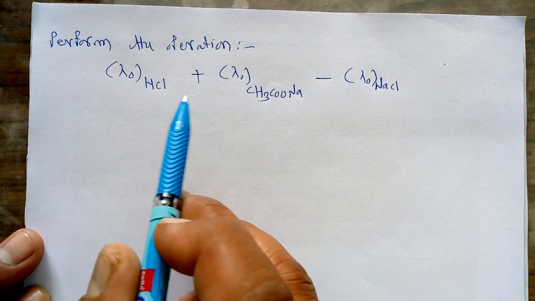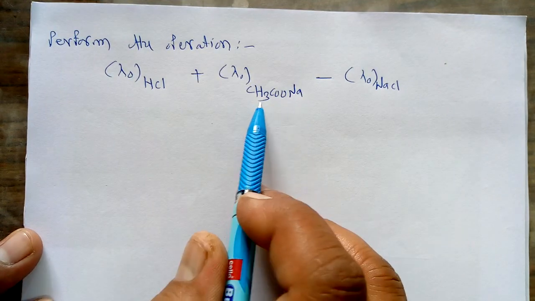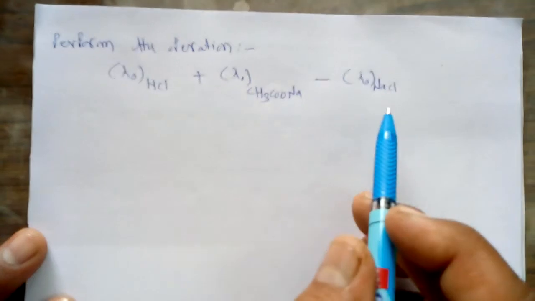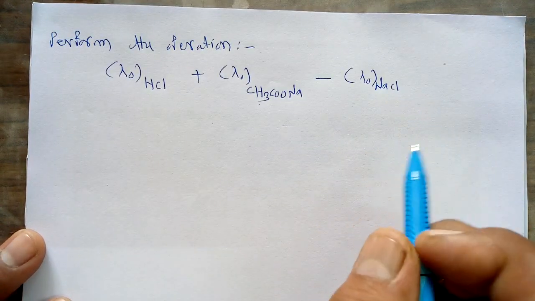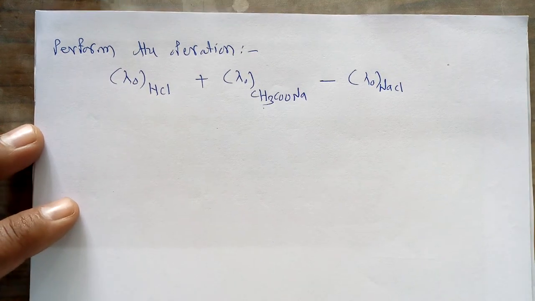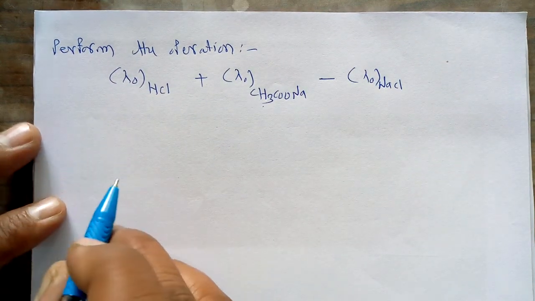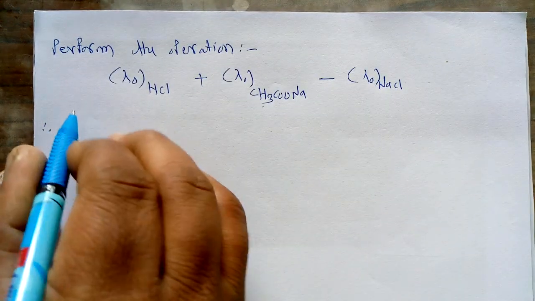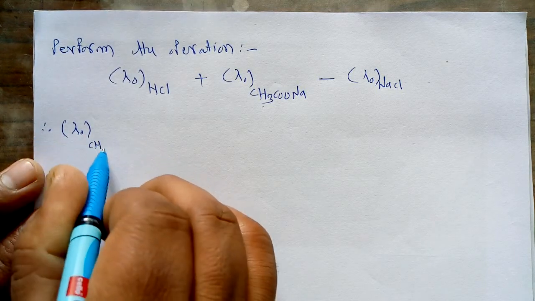We have to add the value of strong electrolyte CH3COONa, while we have to subtract the value for the other strong electrolyte, that is NaCl. Now we are interested to calculate the lambda 0 for acetic acid.